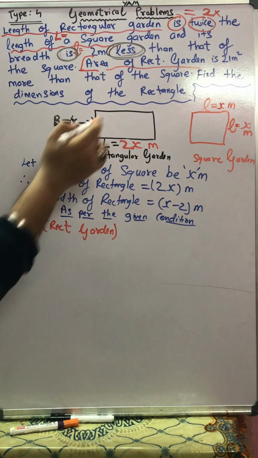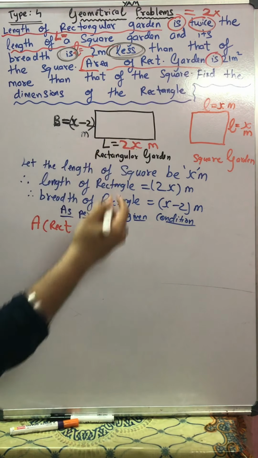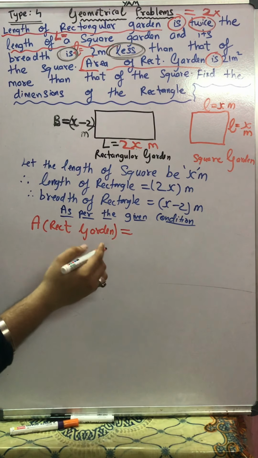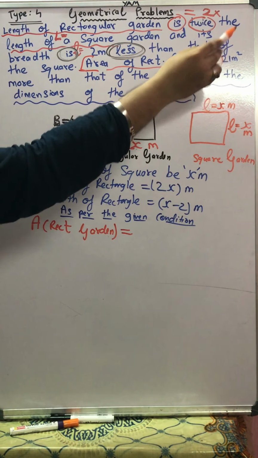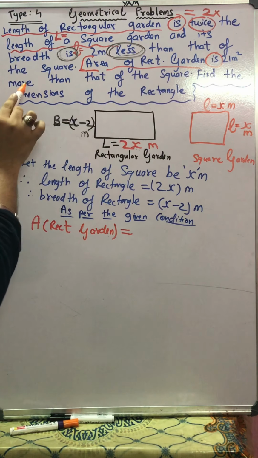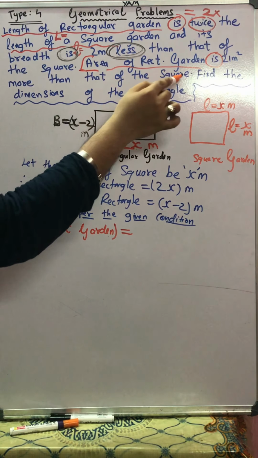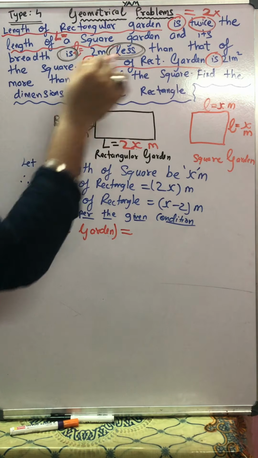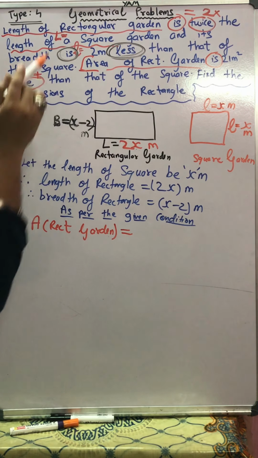The area of the rectangular garden is 21 meters square more than that of the square. "Is" means equal to, and "more" means plus.